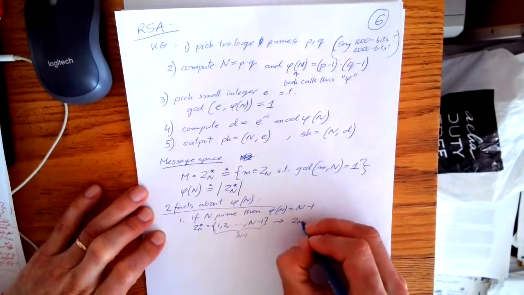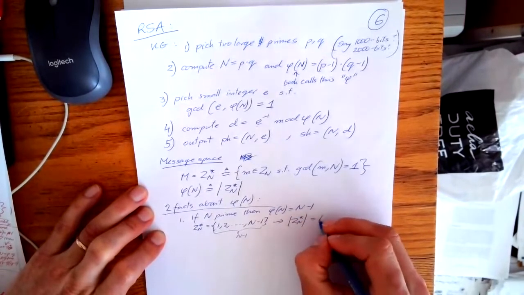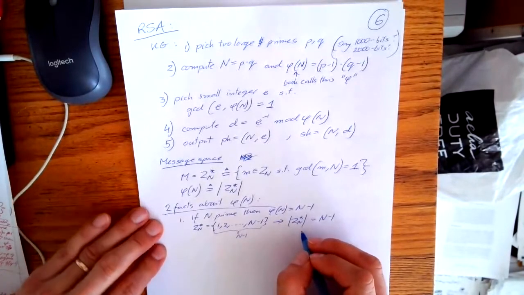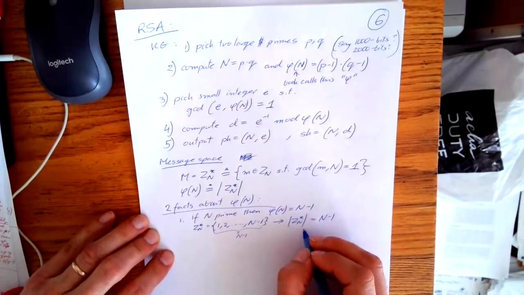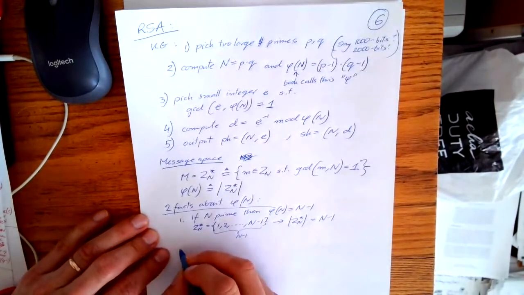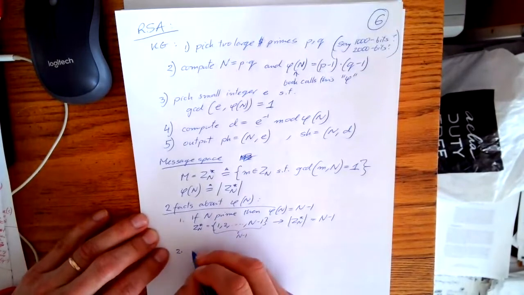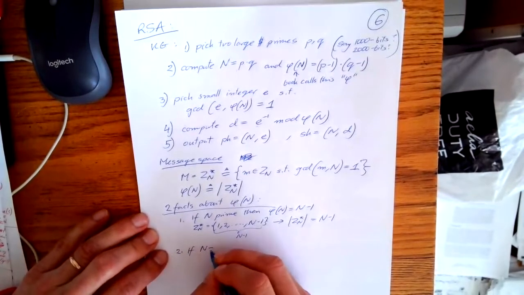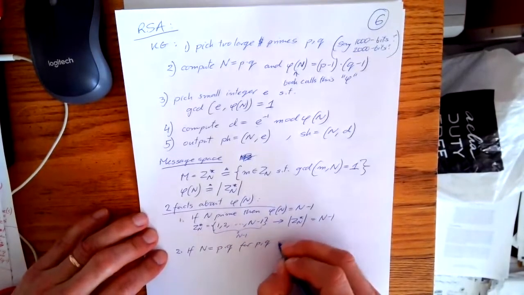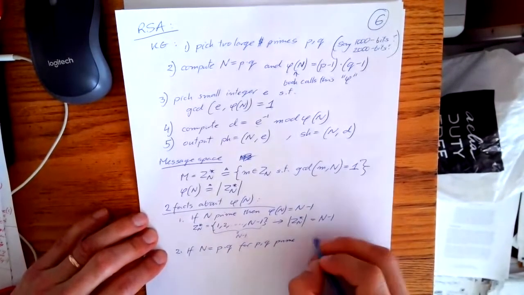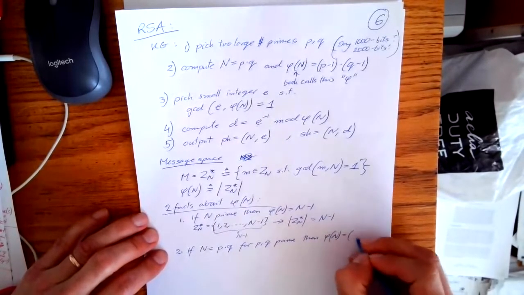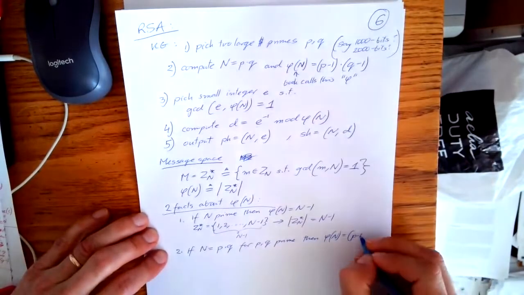So Z_n star indeed has n minus 1 elements in it, right? But in the case of RSA, we are concerned with the modulus which is a product of two primes, p and q prime. And in that case, phi of n is computed in this way.